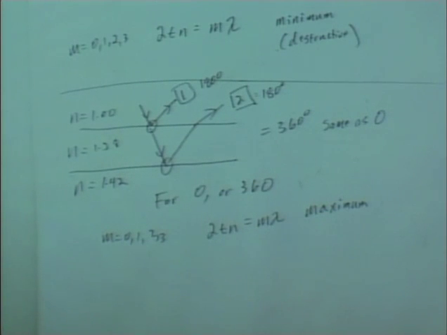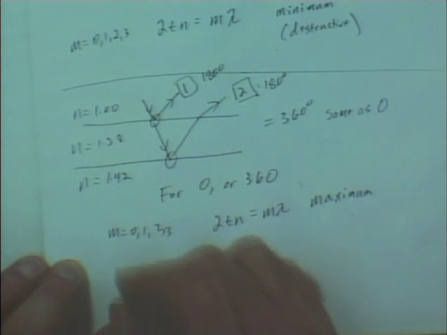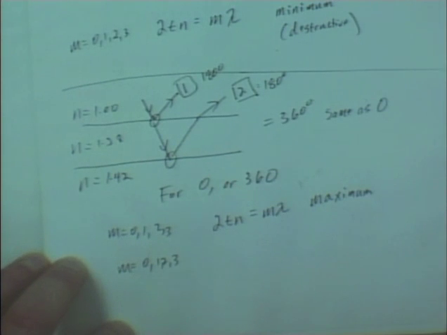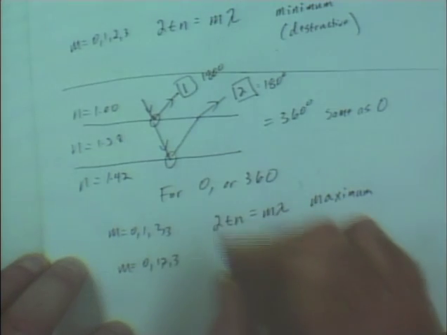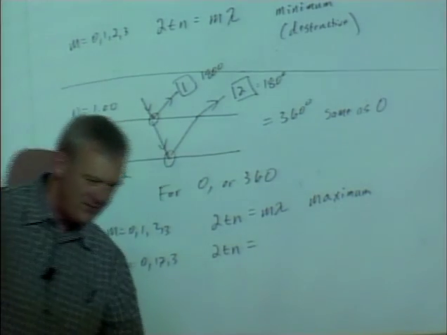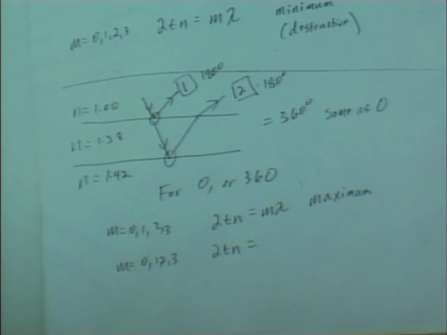All right. So we can see it. Then for m equals 0, 1, 2, 3, we've got 2t times n. And this is so we can find the thickness of the thing so we can actually see this stuff. Is it going to be constructive or destructive interference?